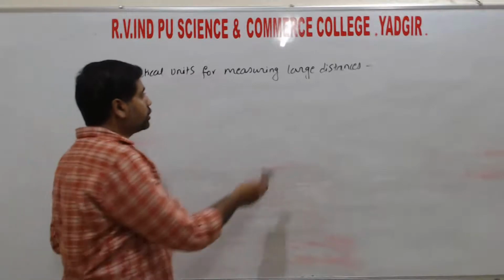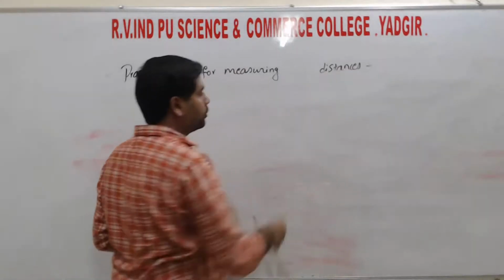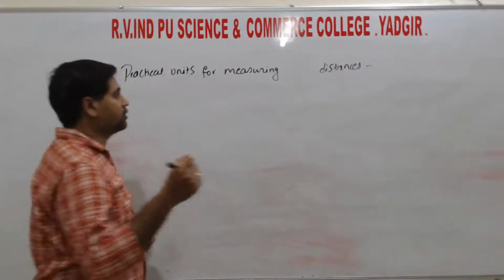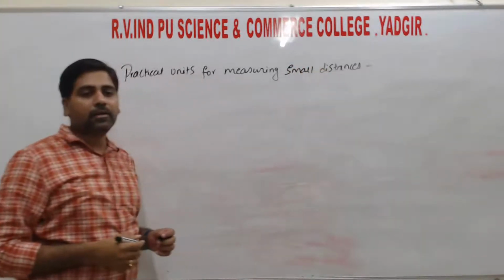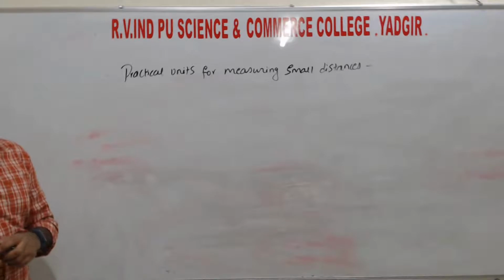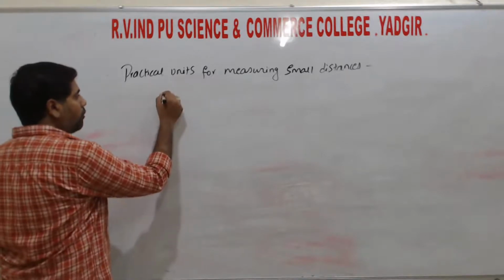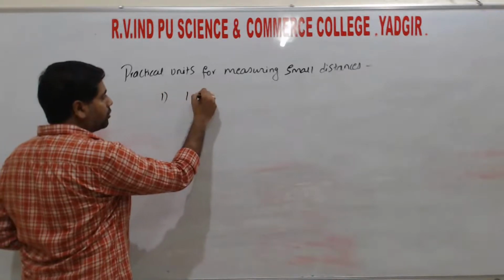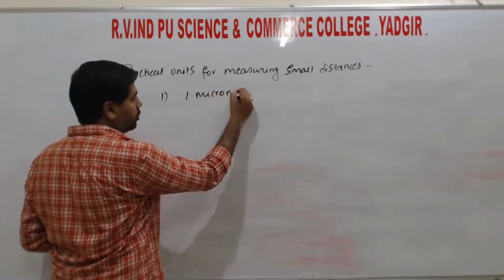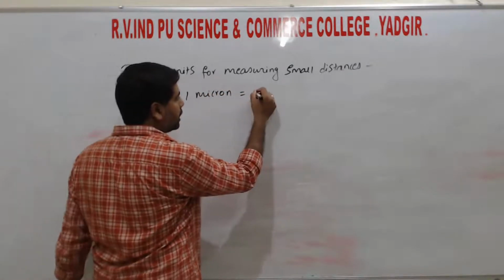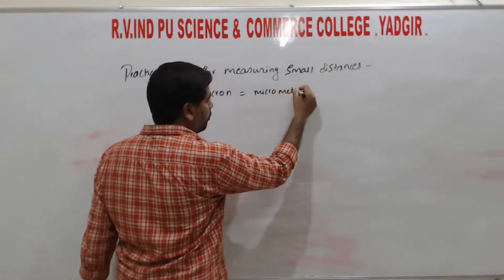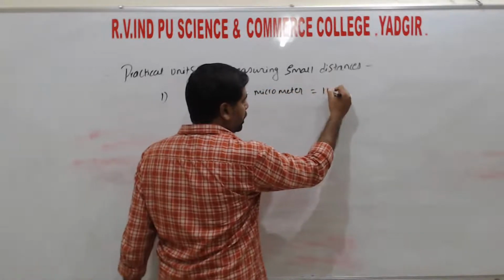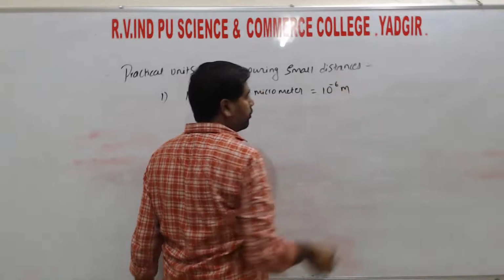Now, practical units for measuring small distances. The first one is 1 micron, which can be written as micrometer. Its value is 10 to the power of minus 6 meter.